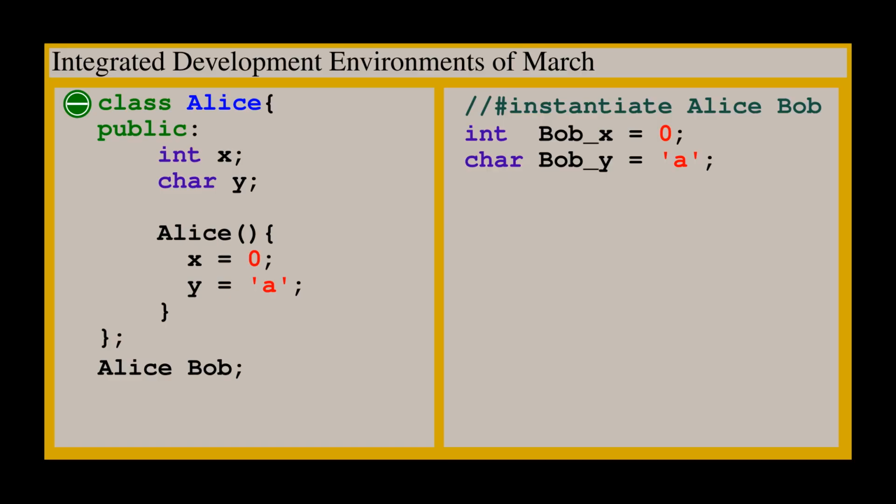From the previous example, if you type Alice Bob into the left panel, in the right panel it would declare int bob_x, char bob_y, and have a comment something like instantiate Alice Bob. This tells any IDE following the same standard that this little procedural code block is intended to be the instantiation of the Alice class. What was the constructor previously has also been rolled into this little code block.